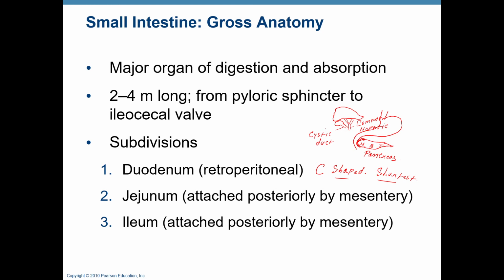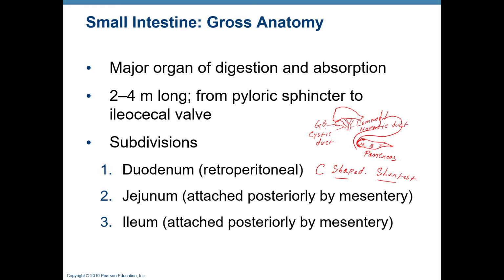Okay, so you see cystic duct comes out from the gallbladder. This is the gallbladder, and right and left hepatic ducts come out from the liver, and they join to form the common hepatic duct.